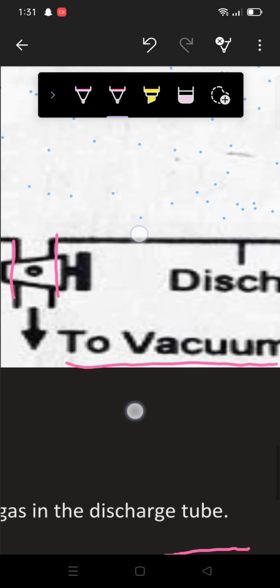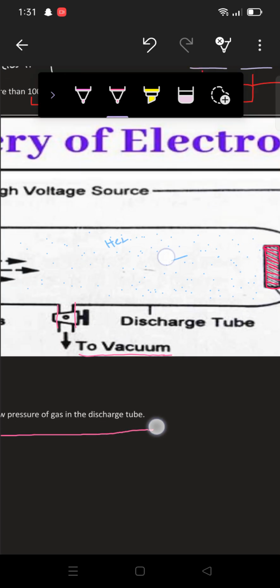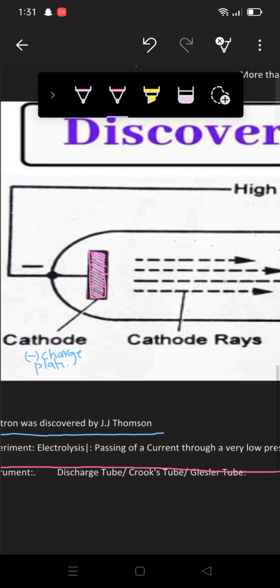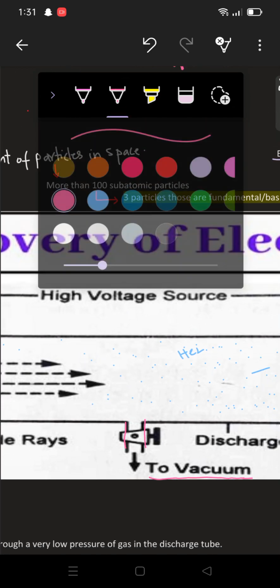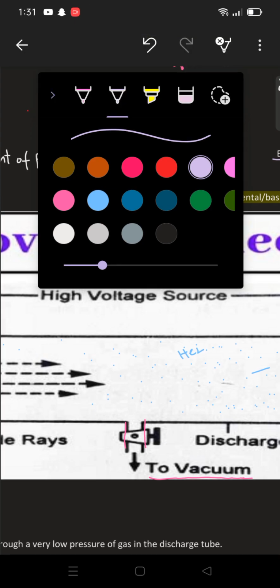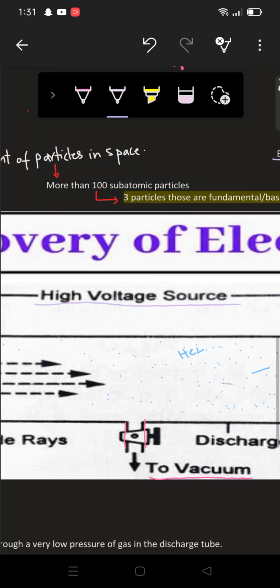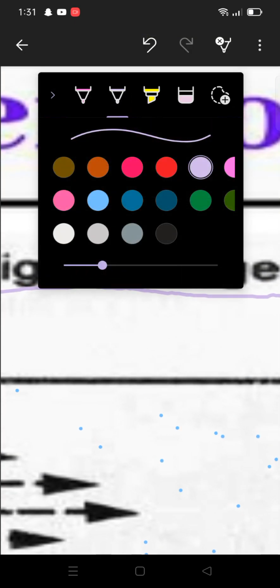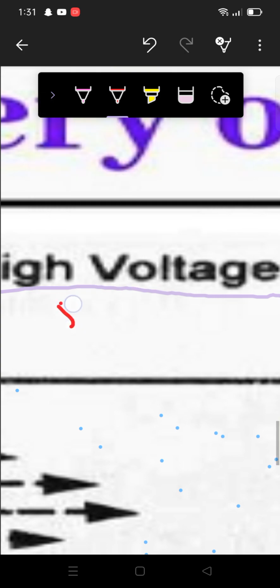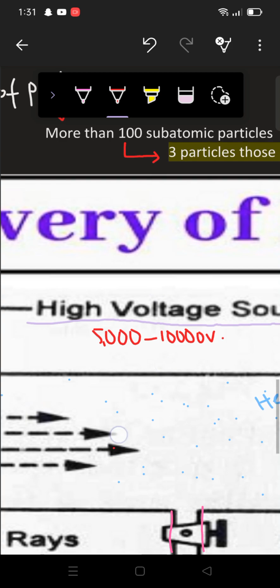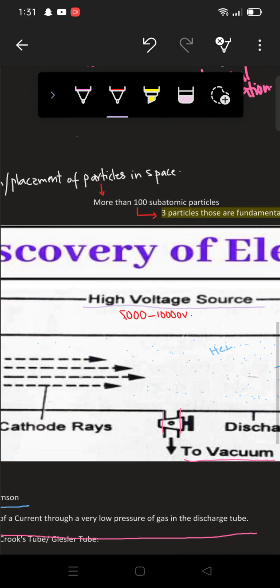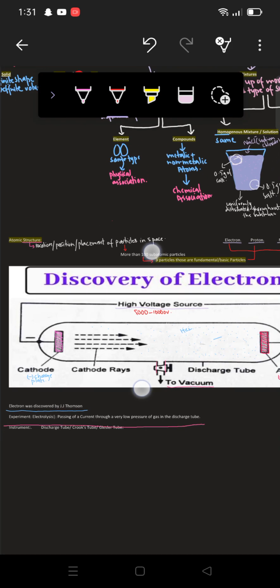This is the vacuum pump, and they have connected this discharge tube with a very high voltage source, from 5,000 to 10,000 volts.